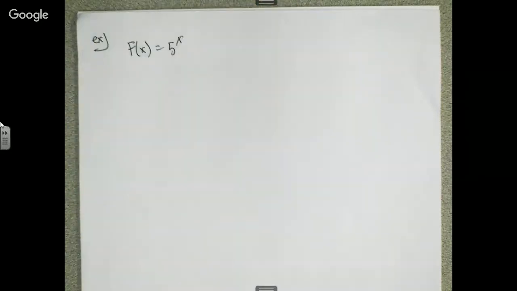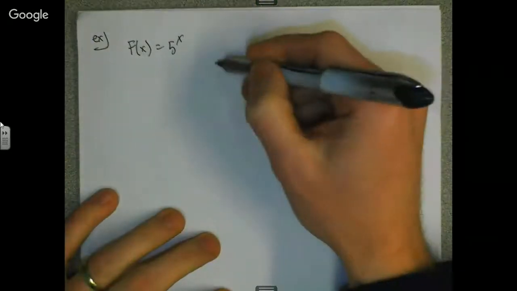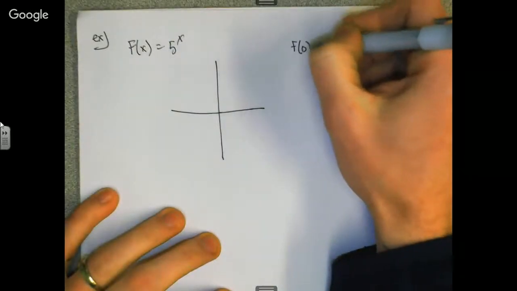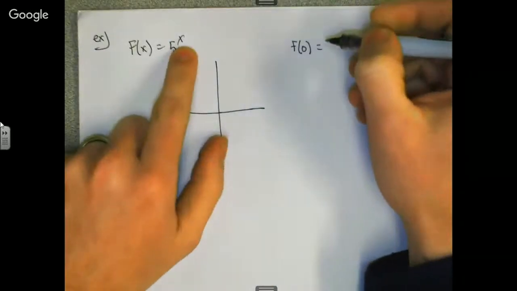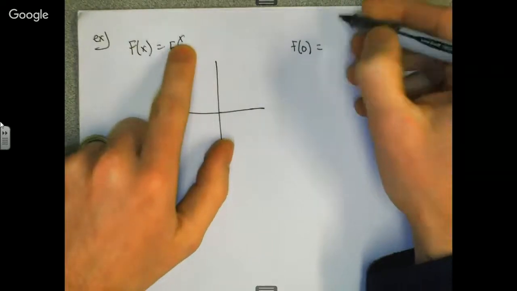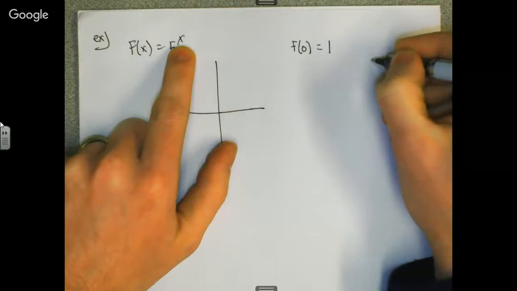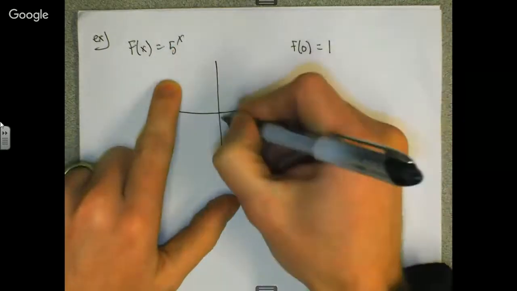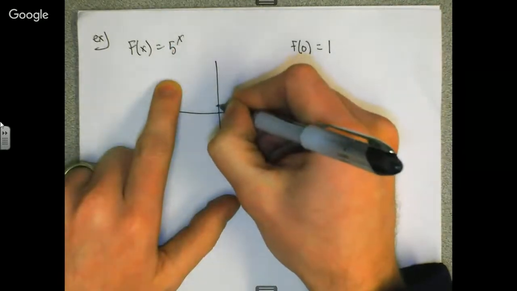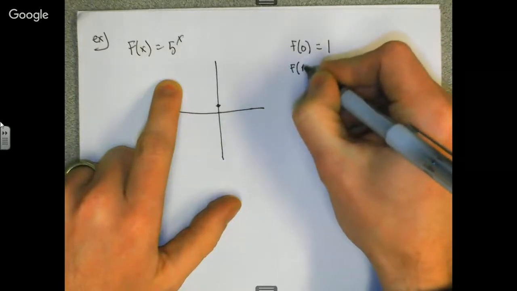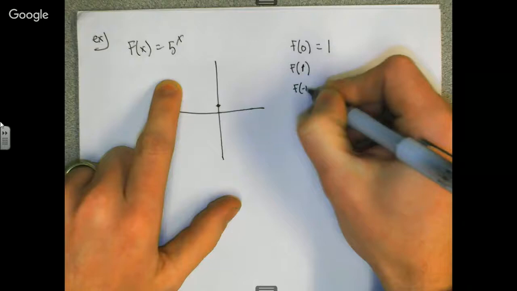So if we look at our steps of graphing, the first one we're going to graph is f of 0. So if I plug in 0 here, I get 5 to the 0. Well, anything to the 0 power is 1. So my first ordered pair is 0, 1. Okay. Then we're going to find f of 1 and f of -1.